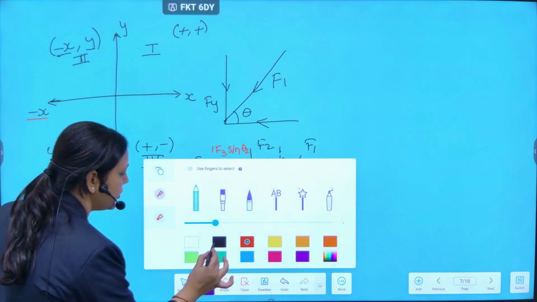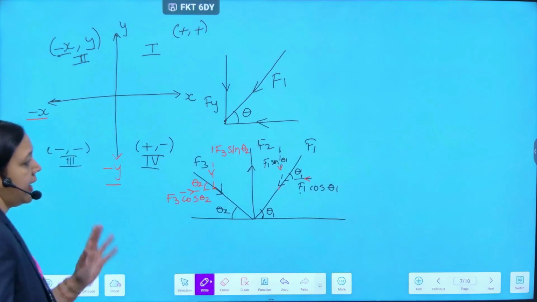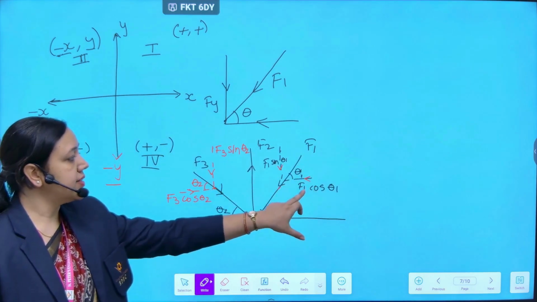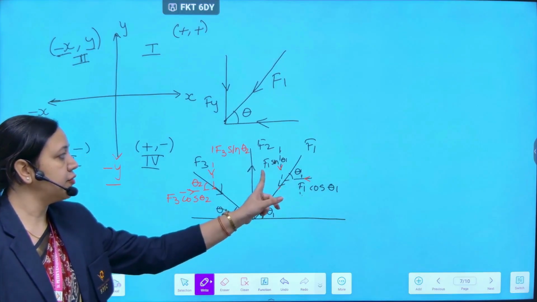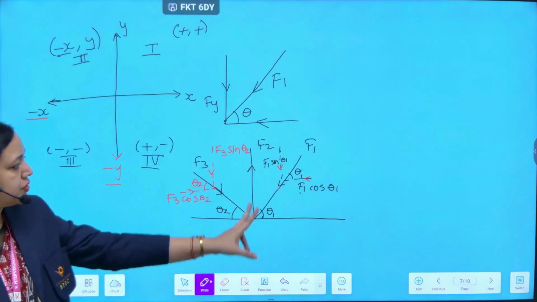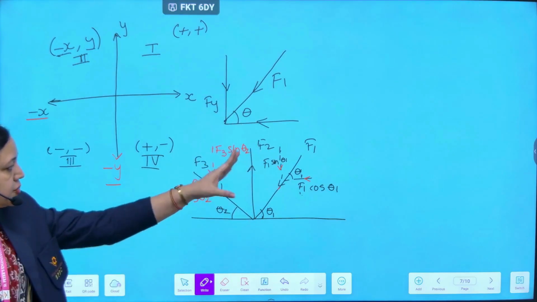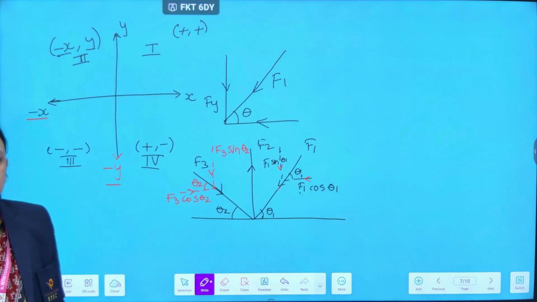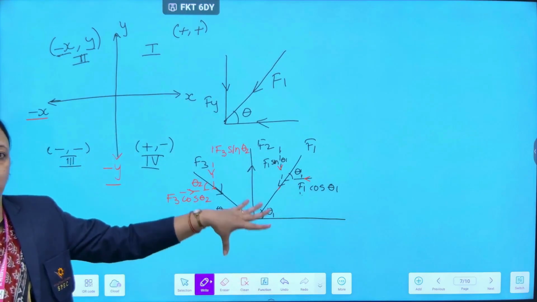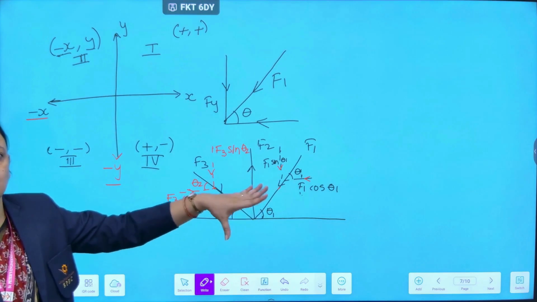Now we have several forces acting on this plane. F1 has been resolved as F1 cos theta 1 and F1 sin theta 1. F2 is a force acting over here. Then F3 has been resolved into its respective components. Now so many forces are acting on an object or on a plane.